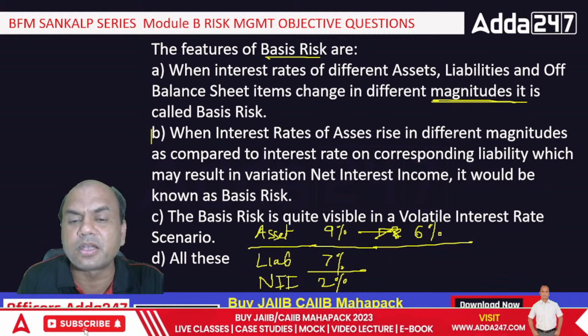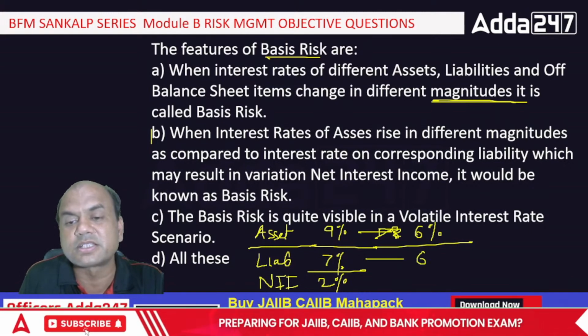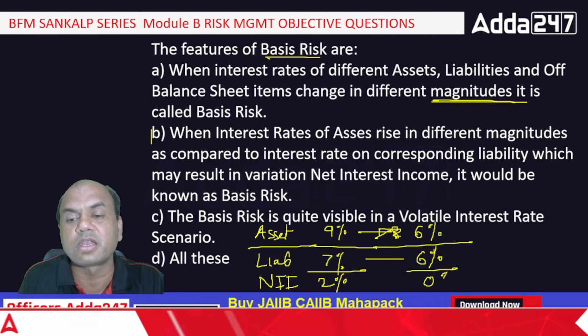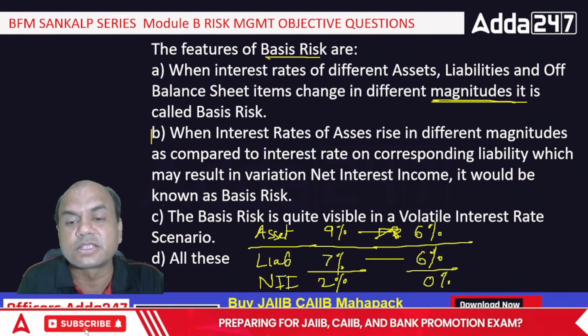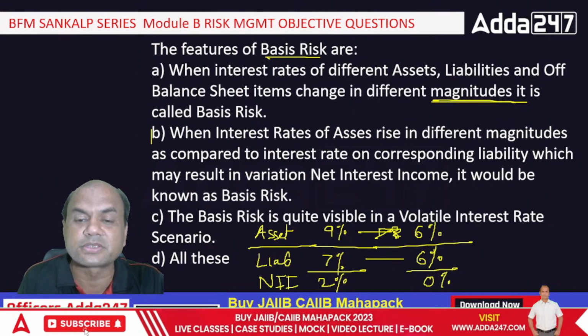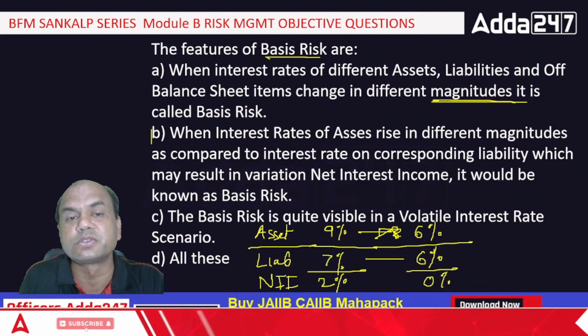And this liability, due to competition, has fallen by only 1%, that is 6%. So my deposit rates are 6%, my asset rates are 6%. What is my NIM? 0. What am I earning? 0. So this is known as basis risk. When the liability changes by 1% and asset changes by 3%, that is known as different magnitudes. So that is the answer.